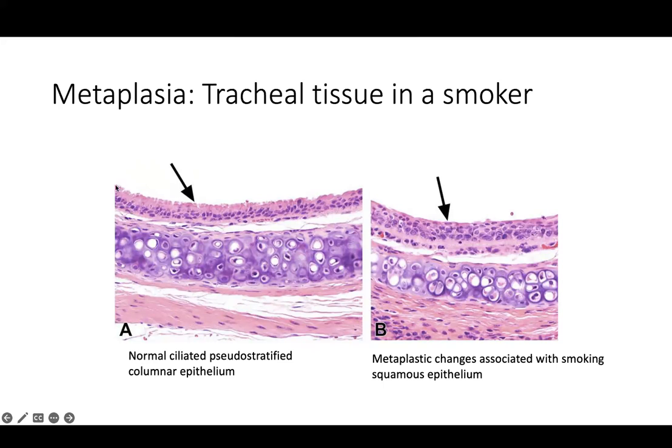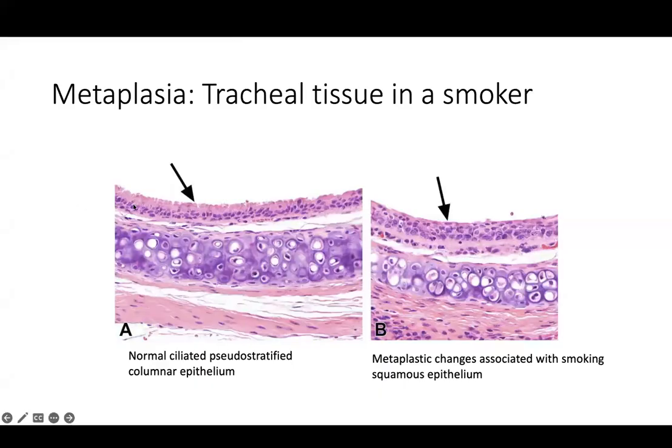Normally the trachea is comprised of an epithelial lining. You can see these little hair-like projections. These are ciliated cells under normal circumstances. And it looks like there's many layers of cells. There's actually not. These little blue dots, these are all the nuclei, and they're just scattered throughout the cell. Each cell has a nucleus in a different spot.